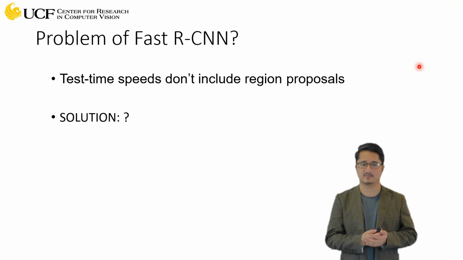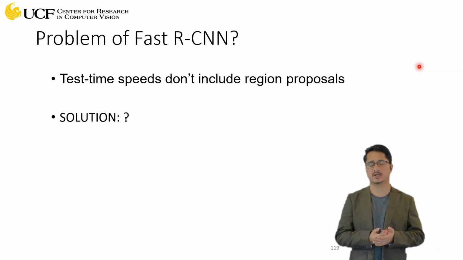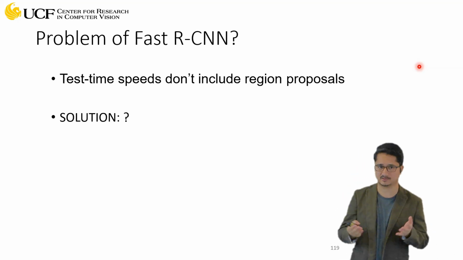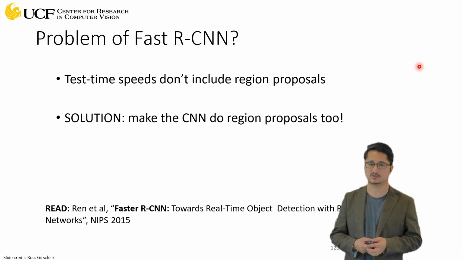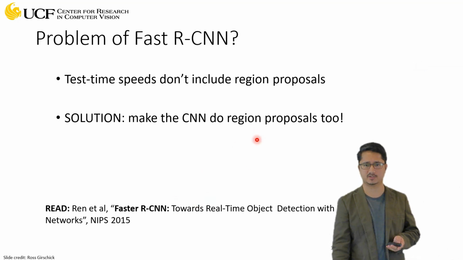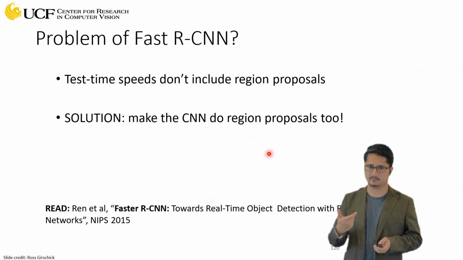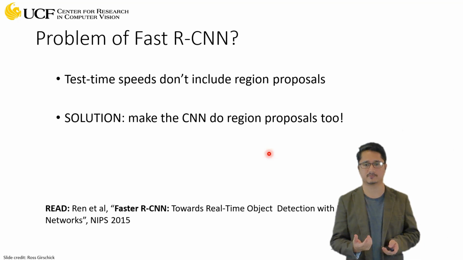So the idea was, do we really need some external function or algorithm to detect those region proposals? Can the network do this for us? And that's what was tried in Faster RCNN. And this is again 2015. The idea was we use the CNN architecture to actually make these region proposals for us.